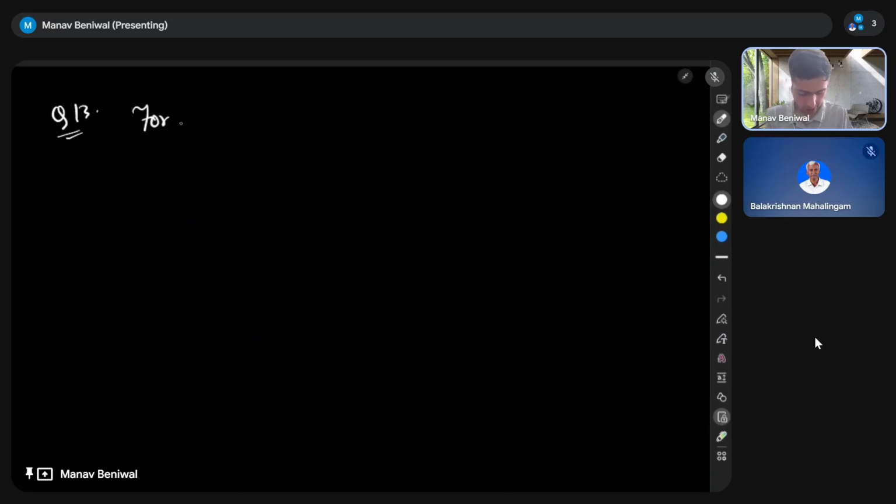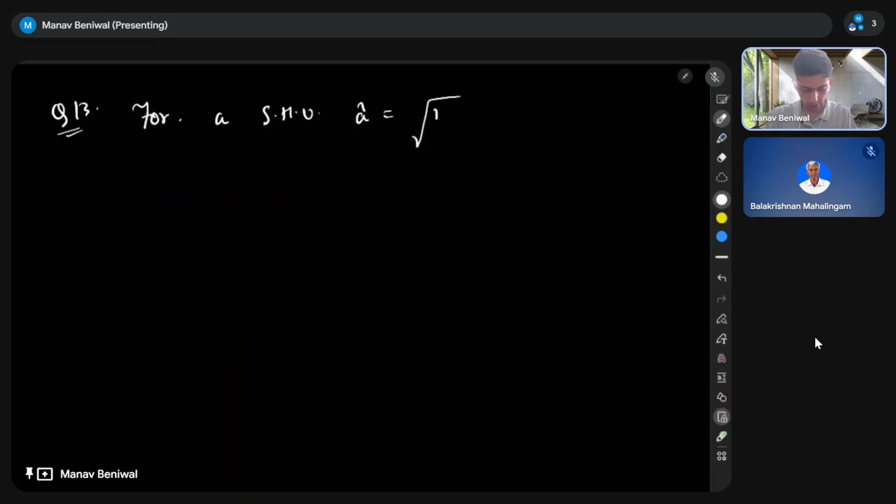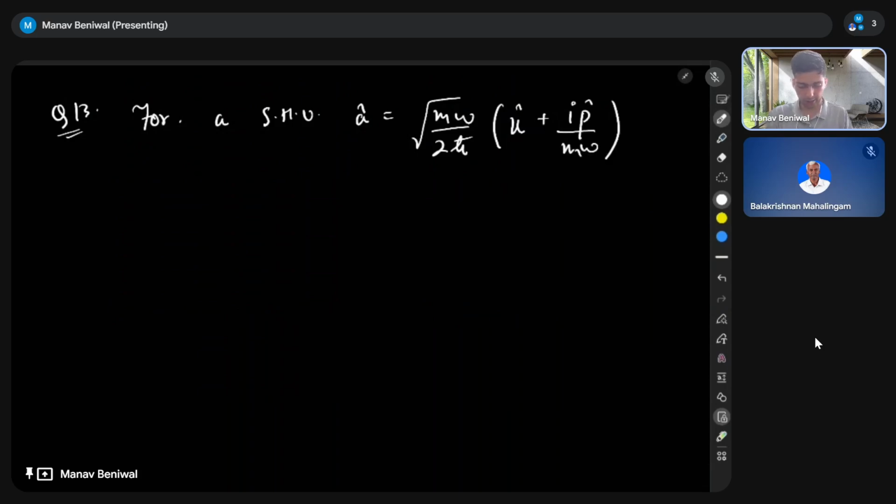So we are given for a simple harmonic oscillator, A is under root m omega by 2h cut into x plus iota p by m omega. This is the lowering operator.